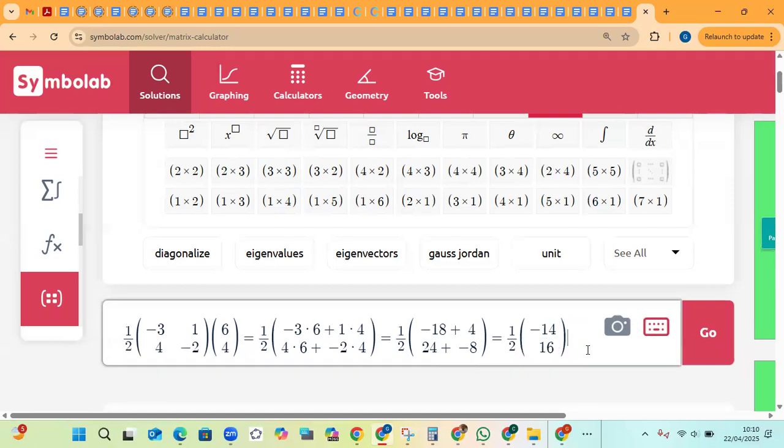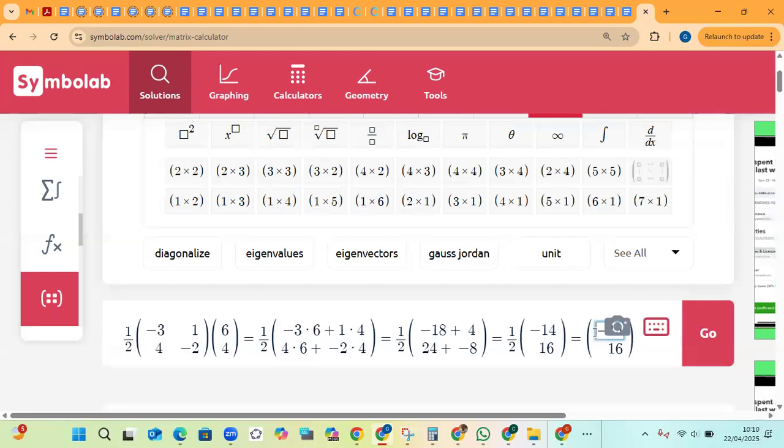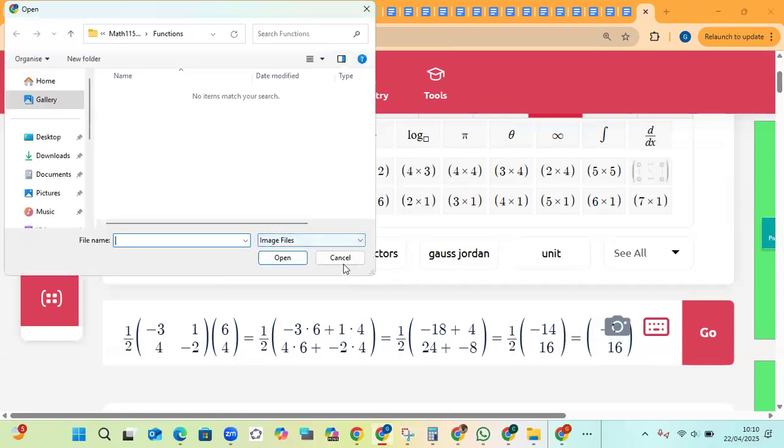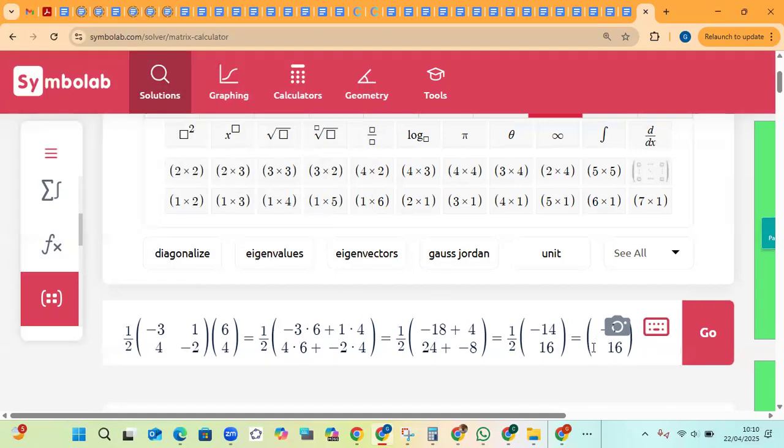And clearly, you can see that half of negative 14 is negative 7, and half of 16 is 8. This covers that negative 7 and 8 there.